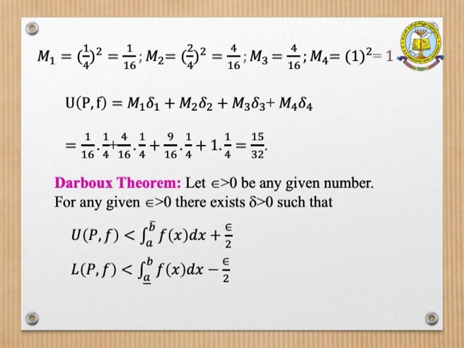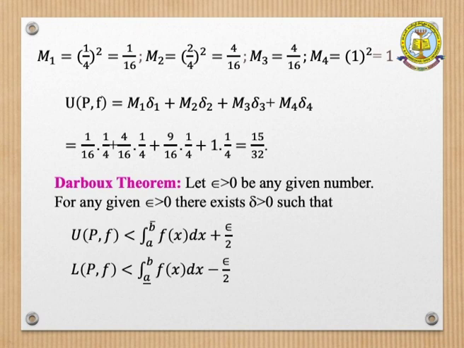This follows from the result. See, after defining upper bounds and lower bounds, I told you, if u is the supremum, then u minus epsilon is not an upper bound. So always you have u minus epsilon less than x less than or equal to u, and also v less than or equal to x less than v plus epsilon whenever v is a lower bound, or v is an infimum.